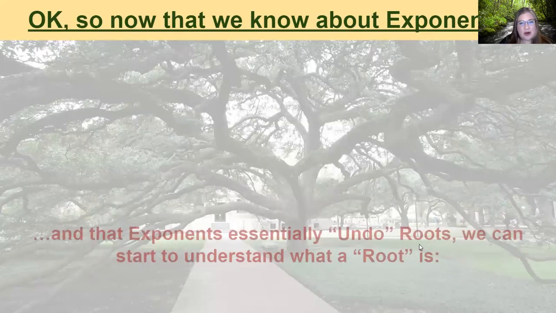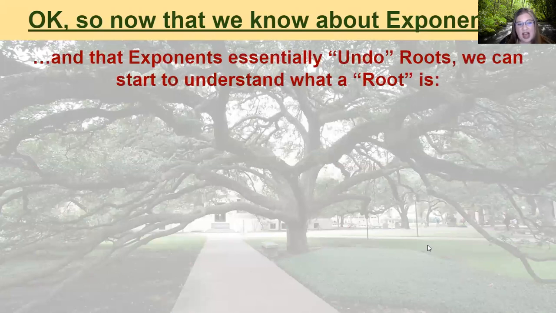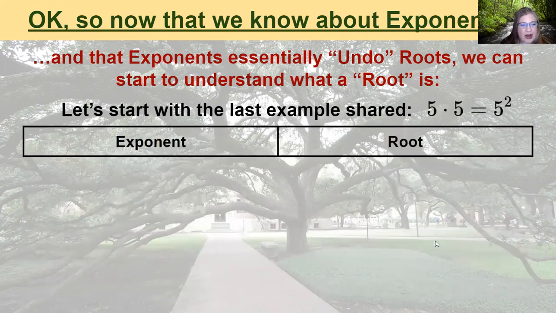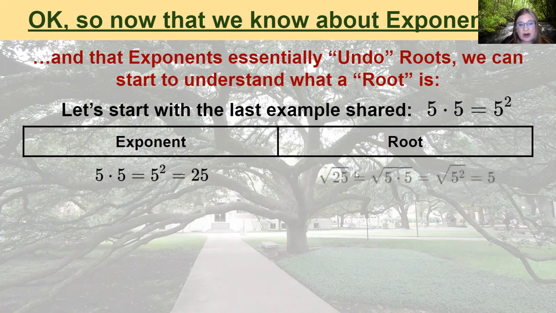So now that we know about exponents and we know that they essentially undo roots, we can kind of understand what a root is. Let's start with the last example we shared: 5 times 5 equals 5 squared. If we go forwards, using the exponent, 5 times 5, and we write it with the notation, that's 5 squared, and we know that equals 25. If we're going to go backwards, the opposite of this squared term is the square root.